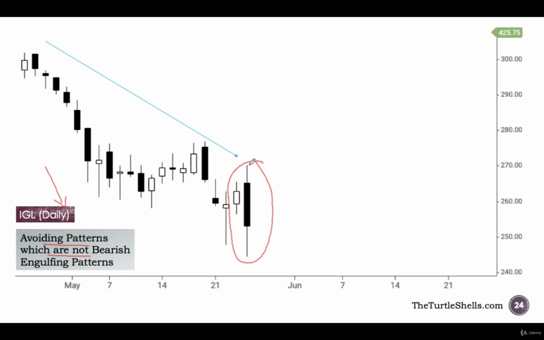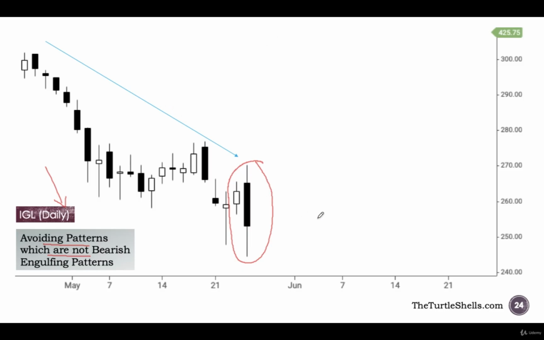The high and the low of the black candle is way beyond the high and the low of the small white candle, and it is completely engulfing the entire trading range, not just the body but the shadows also. So it's a very powerful bearish sign. However, there is one problem here. We discussed that a bearish engulfing pattern must always come after an uptrend, not after a downtrend.